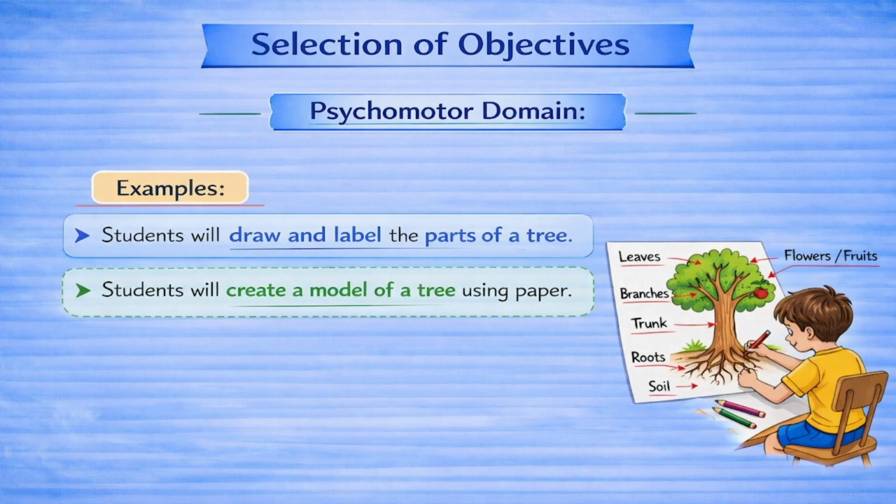And objectives based on psychomotor domain will be like this. For example, students will draw and label the parts of a tree. And students will create or make a model of a tree using clay and paper. In simple words, objectives of this domain focus on hands-on activities or practical skills.